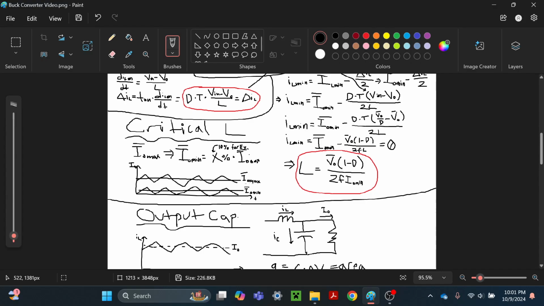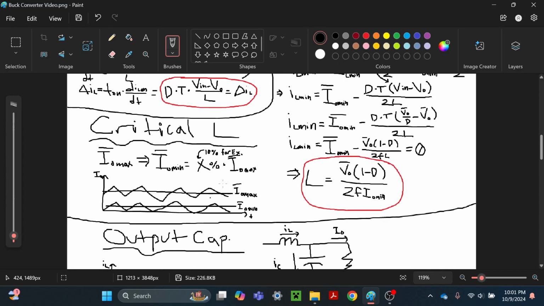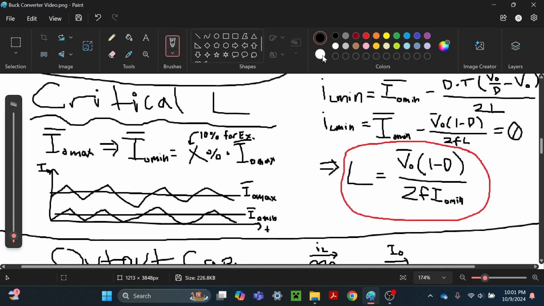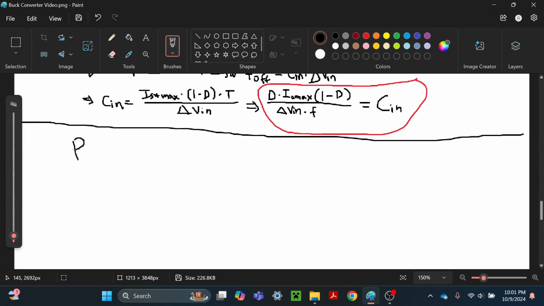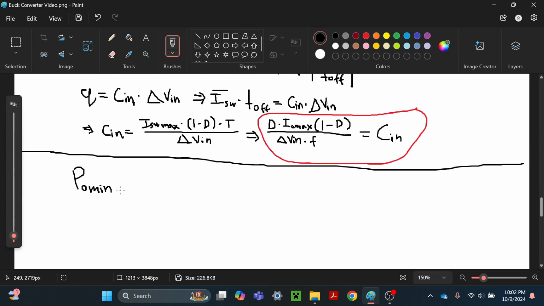So say our converter needs to be able to supply a minimum load, and if we define the load as a power, so if we say P out is going to be our load, and the minimum load is some arbitrary value, right?